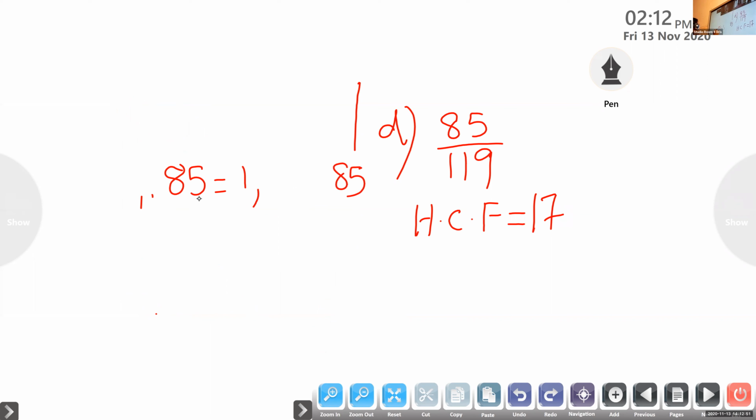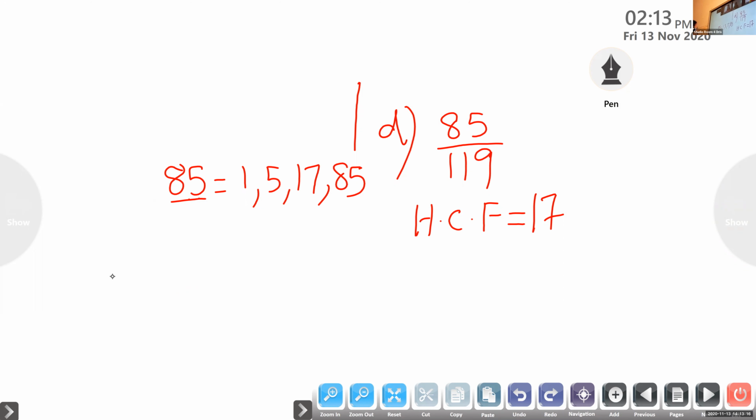Here you cannot divide by 2, 3, or 4, but it is divisible by 5. 85 divided by 5, you will get 17. So 5 times 17. This factor method is easy here, I think.